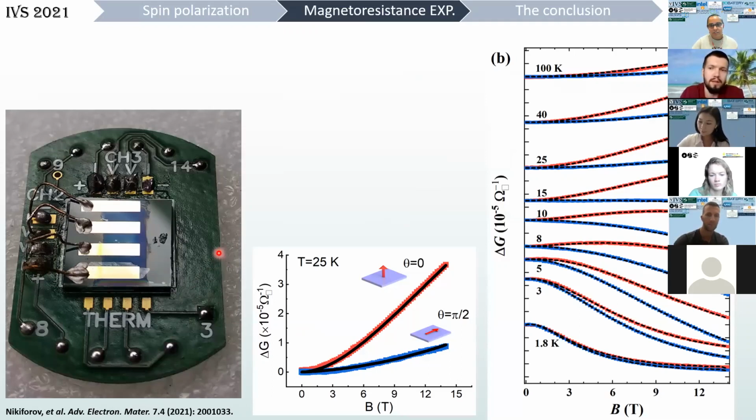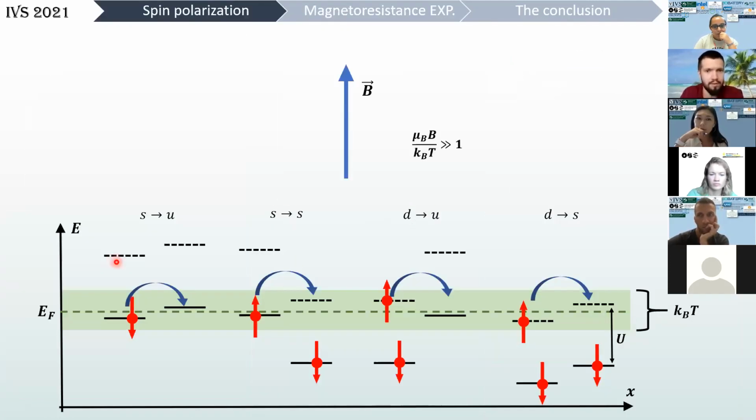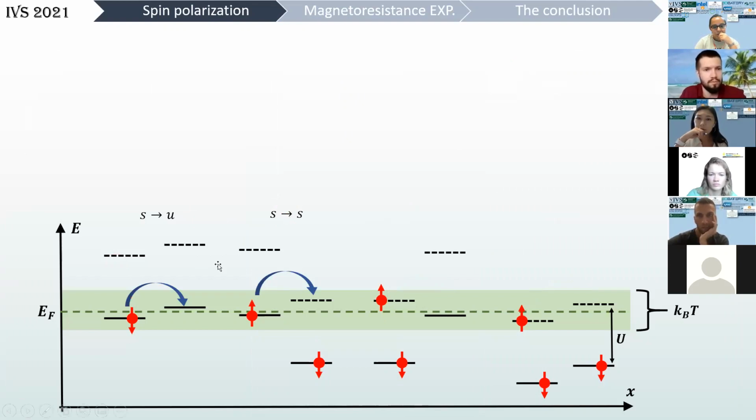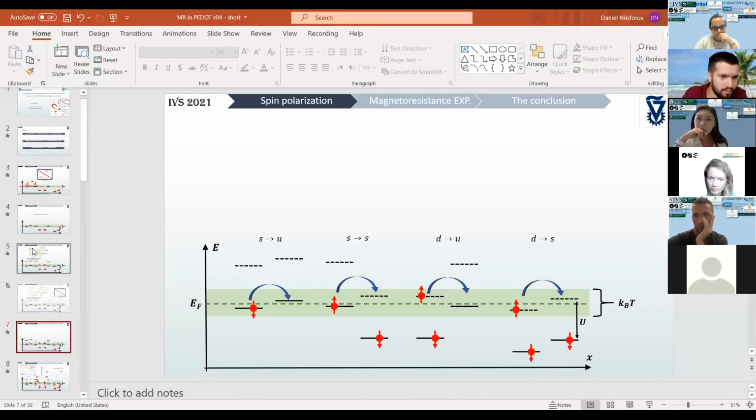Any other questions? An interesting point, maybe, if you noted, the film is 200 nanometers thick, and we measure variable range hopping in 2 dimensions. So, how is it possible? It turns out that high conductivity grade PEDOT:PSS, let me show you, this is in this slide.